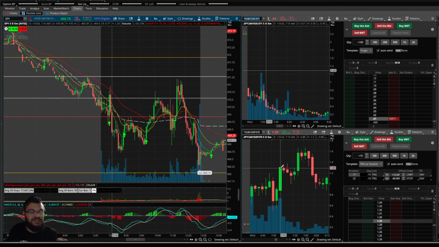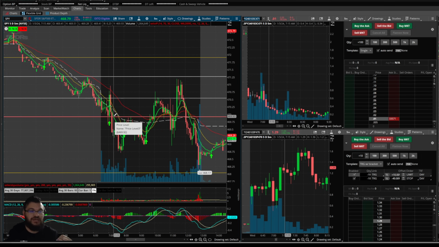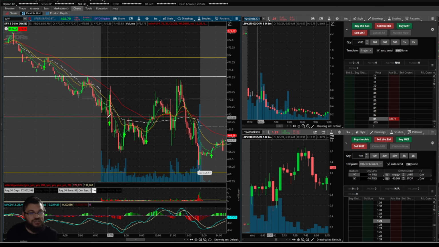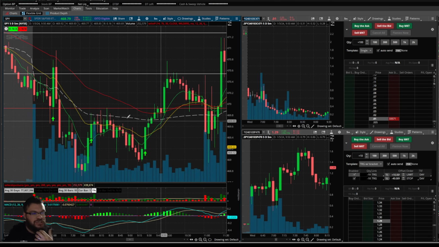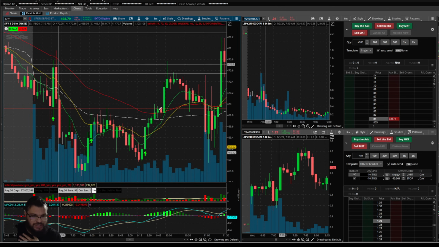Now, I didn't take this trade because I wanted to wait for this candle to close. Why? Because earlier the candle wicked, okay? And I want you to see that here is this candle that did come down, which is this one right here, right? This wicked, and then the following subsequent candle was a huge bullish green candle, right?